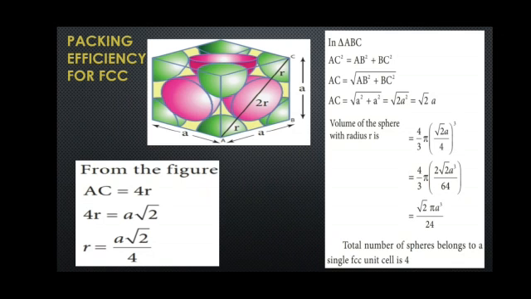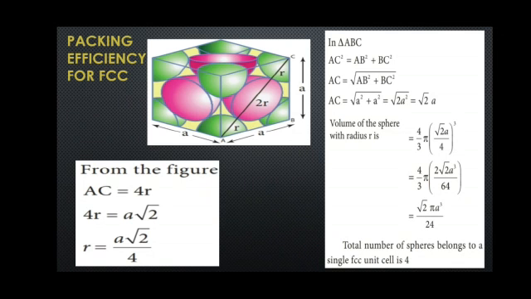Then come to this side. What is the volume of the sphere? 4 by 3 pi R cube. In place of R, substitute a root 2 divided by 4, the whole cube. In the denominator, 4 cube, 4 into 4 into 4, is 64.